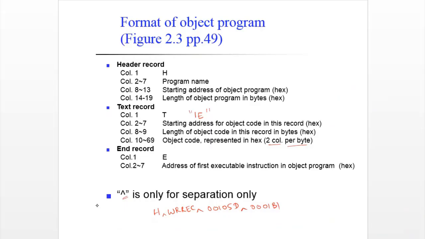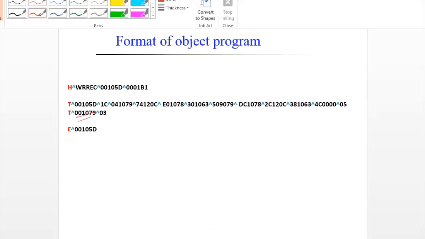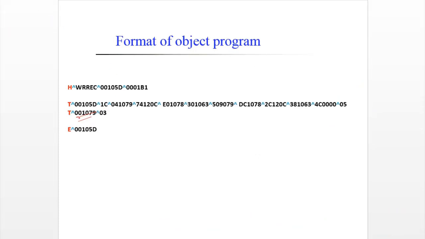So I have used the starting address of this text record as 1079, and the length is 03, and I have not written the object code here. Sorry for the inconvenience. The object code itself is the constant value 000000. This is the end of the text record.